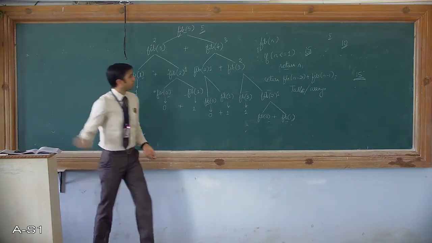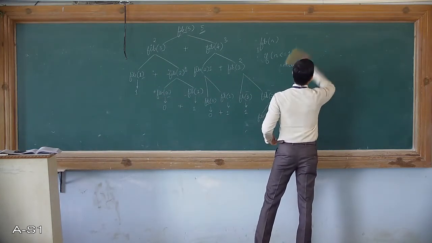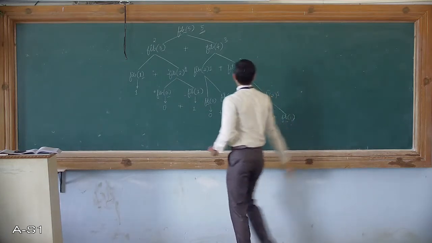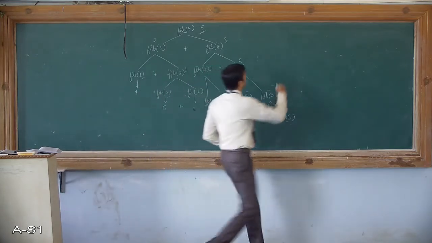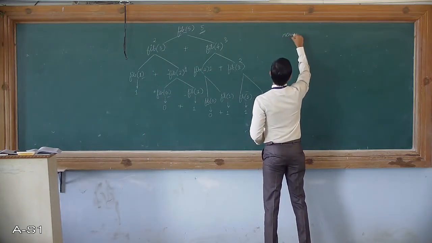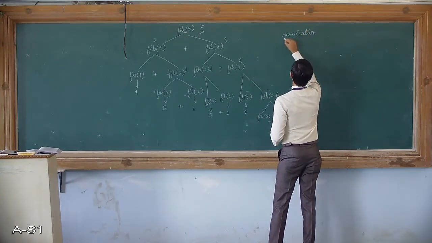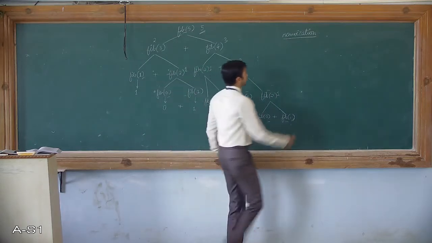Let's see how to do it. We'll take a table and we'll store the values of these sub-problems. Storing values of these sub-problems is termed as memoization. Let's see how it works.